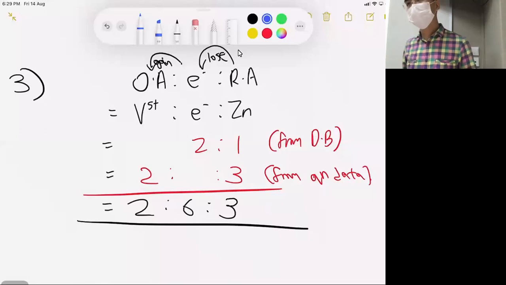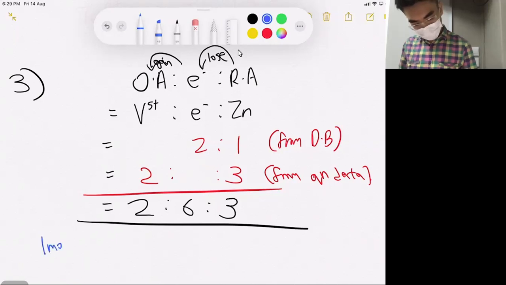Once done, I think you just move on to question 5 and 7. 7, I will discuss it. 7 is really very hard. 5 is pretty easy, so you can try it first. 7 will be the tougher one. Okay. So I will just write down 1 mole.